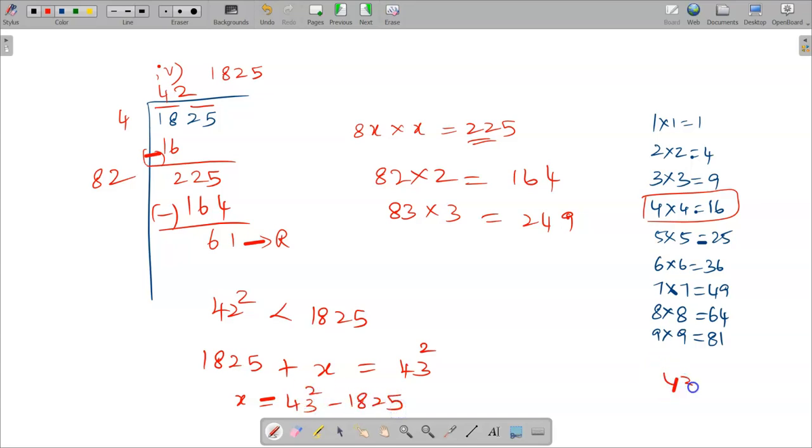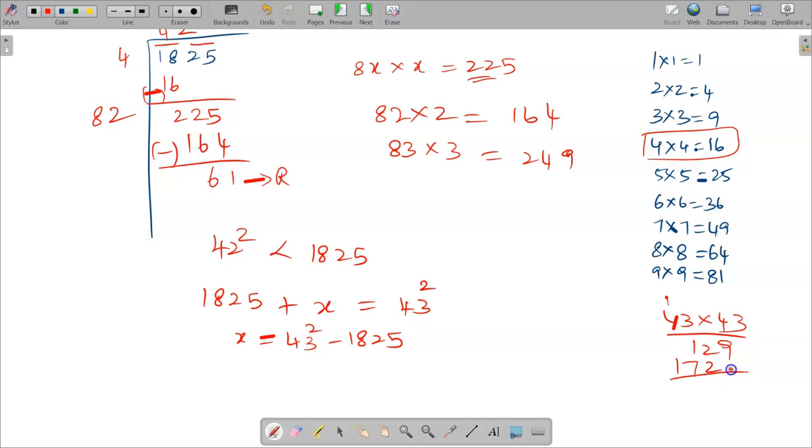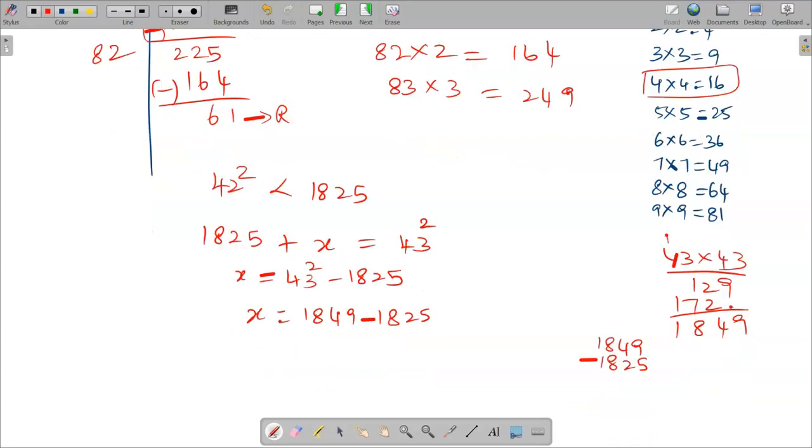What is 43 square? 43 into 43. 3 3s are 9, 4 3s are 12, again 4 3s are 12, 4 4s are 16, 16 plus 1 is 17. So here it is 9, here it is 4, here it is 8, here it is 1. So x is 1849 minus 1825. So 9 minus 5 it is 4, 4 minus 2 it is 2. Okay, so x is 24.